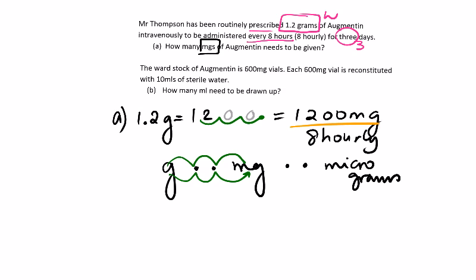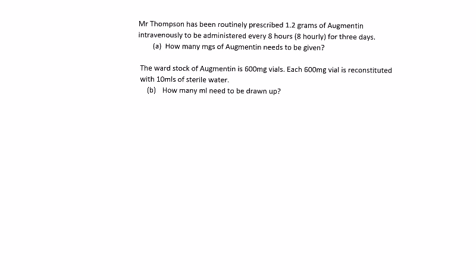If the question wanted us to actually say how much we would give for the whole day, so we know it is 1,200 milligrams 8 hourly, every 8 hours. But for the whole day, how much would that be? Well, we need to remember that a day has 24 hours.